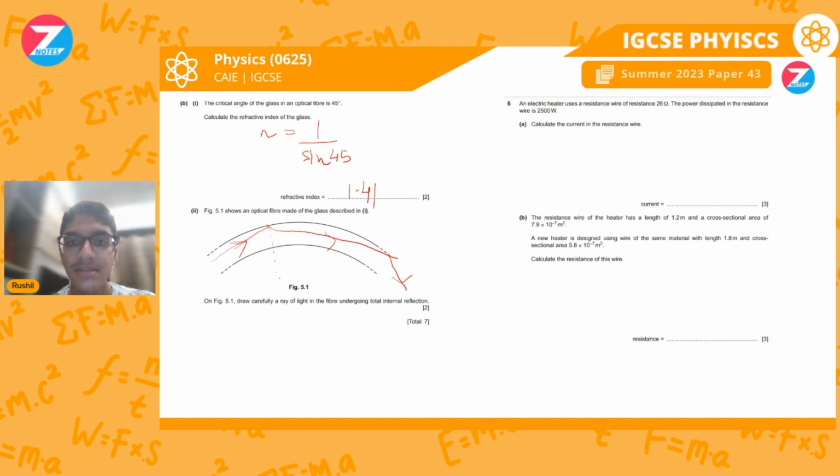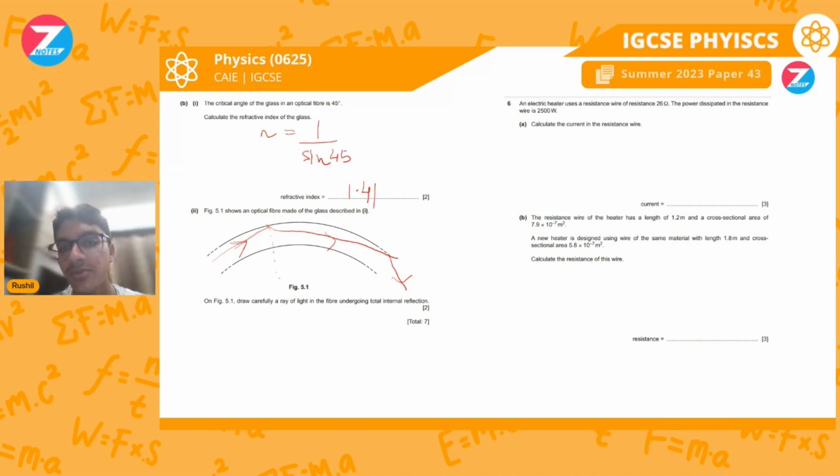Question 6 tells us that an electric heater uses a resistance wire of resistance 26 ohms. The power dissipated in the resistance wire is 2500 watts. Calculate the current in the resistance wire.